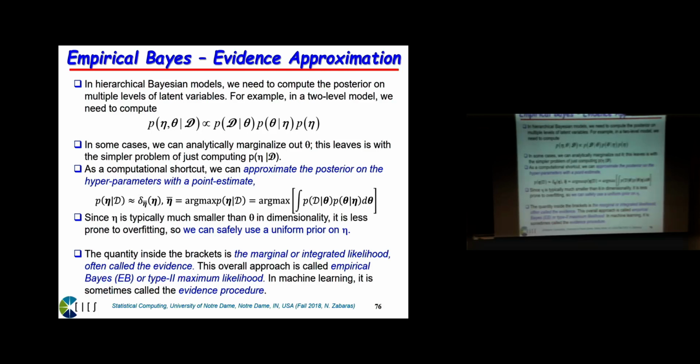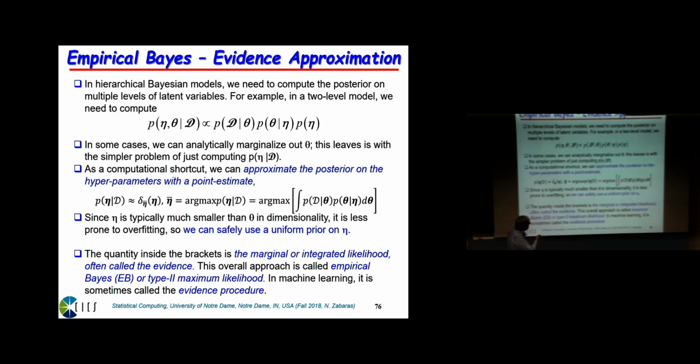So if you search on Wikipedia, you will see that this is the way to do it. And a lot of times I call this model evidence. But really, the concept of evidence comes in this context of hyperparameters. So it's really the marginal likelihood as a function of the hyperparameter eta.